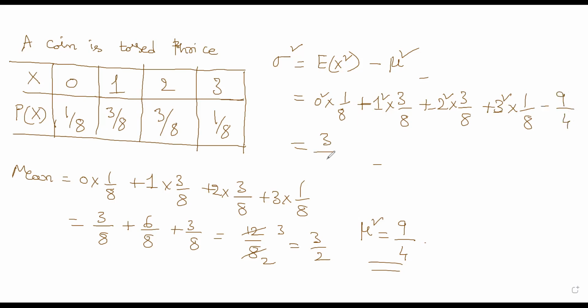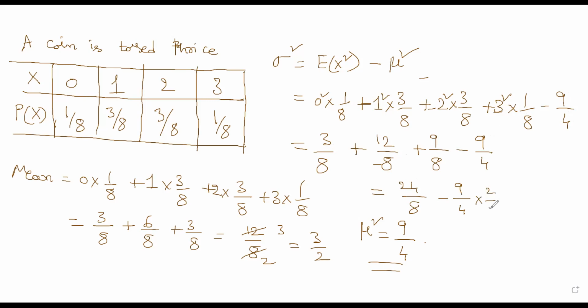So that is 3 by 8 plus 4 3s is 12, 12 by 8, plus 9 by 8, minus 9 by 4. Clear? Yeah. So it is 15 plus 9, that is 24 by 8, minus 9 by 4. How to do 9 by 4?